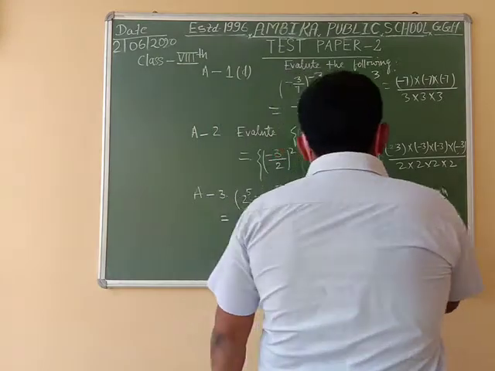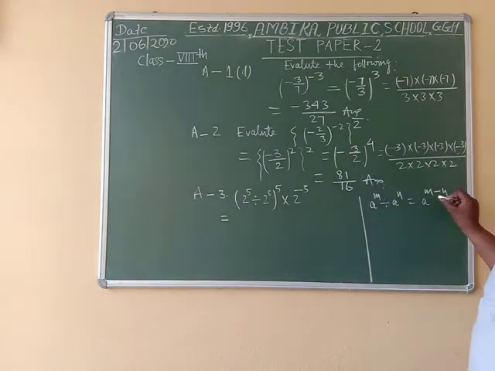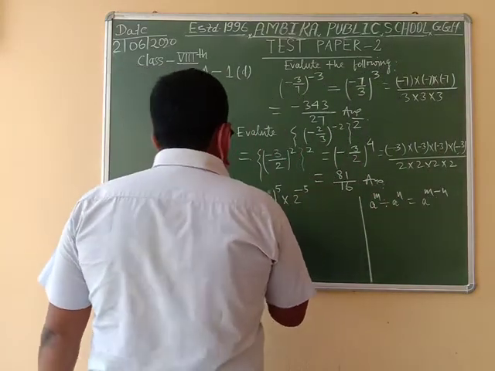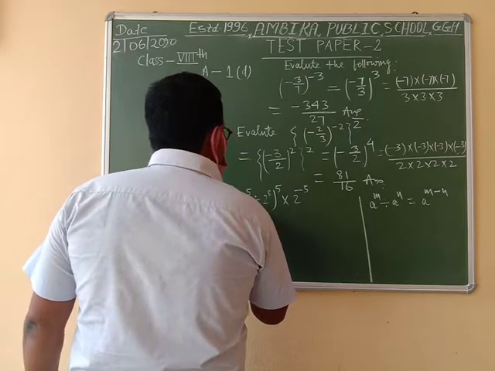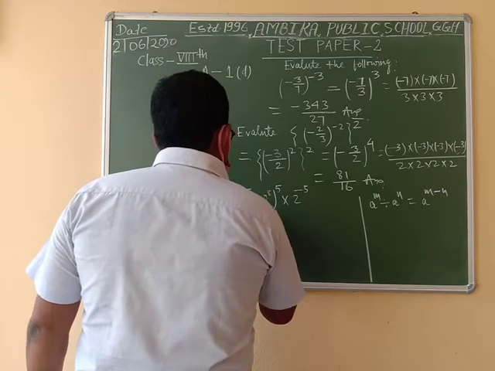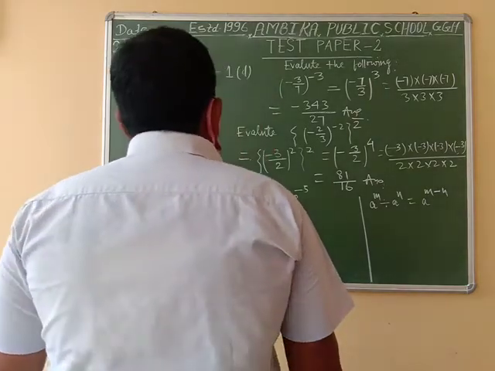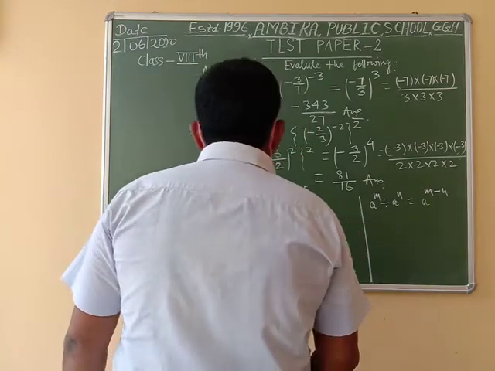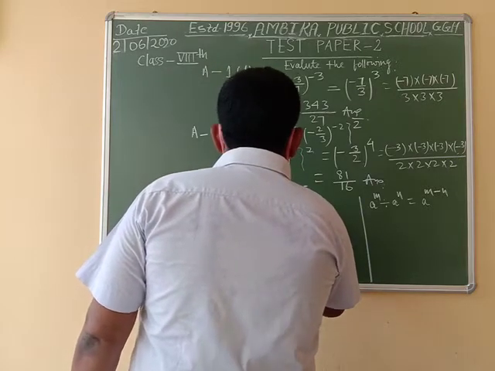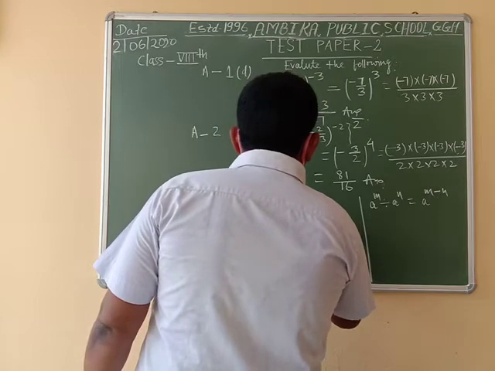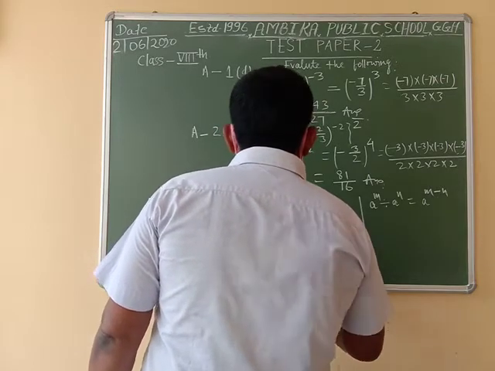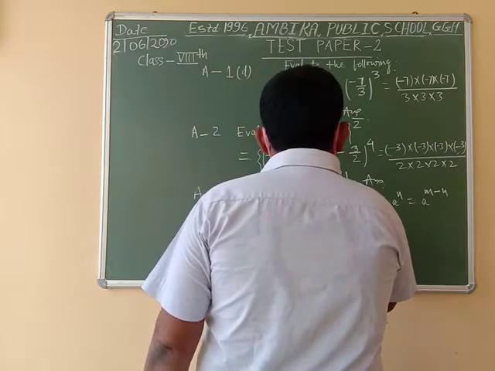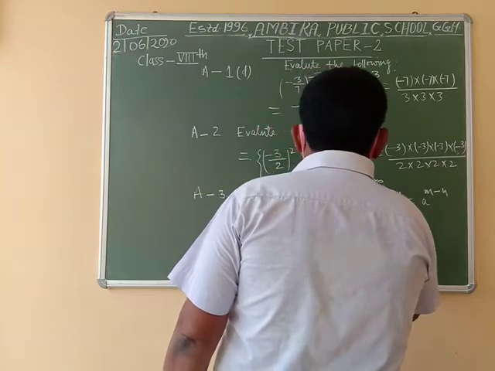Using this formula, we can write 2 to the power 5 minus 8, whole to the power 5, and multiplied with 2 to the power minus 5, which is equal to 2 to the power minus 3 whole to the power 5 into 2 to the power 5.